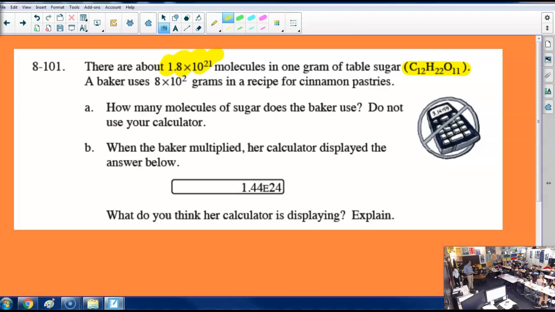A baker uses 8 times 10 to the second grams in their recipe for cinnamon pastry. So we know based off the last one, that's like 800 grams of sugar. It depends on how big that batch is, right? That sounds like a lot, but I don't know. So how many molecules of sugar does a baker use?